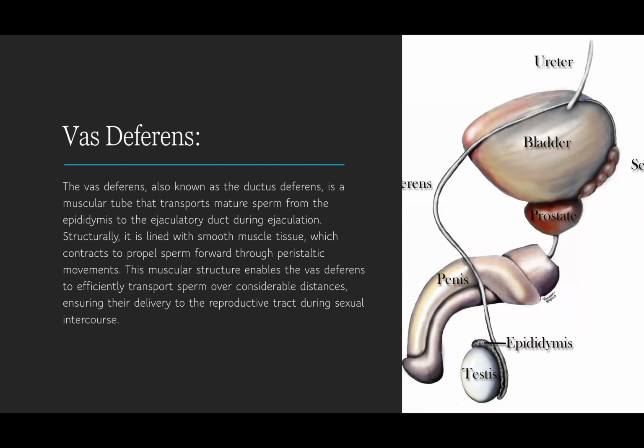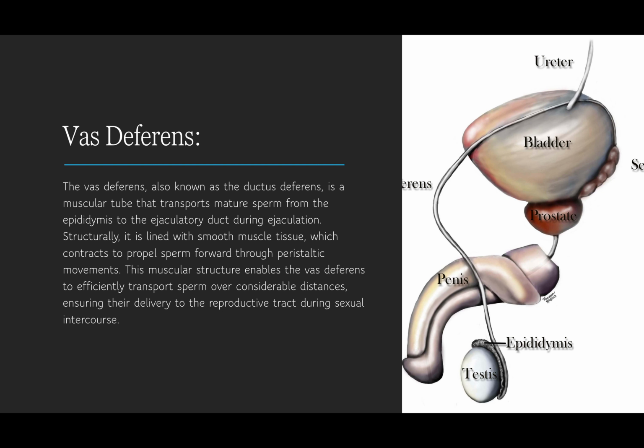So the vas deferens is what comes out of the epididymis. The vas deferens, also known as the ductus deferens, is a muscular tube that transports mature sperm cells from the epididymis to the ejaculatory duct during ejaculation. Structurally, it is lined with smooth muscle tissue which contracts and propels sperm forward through peristaltic movements.